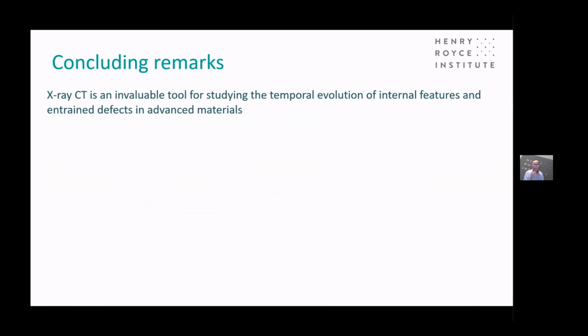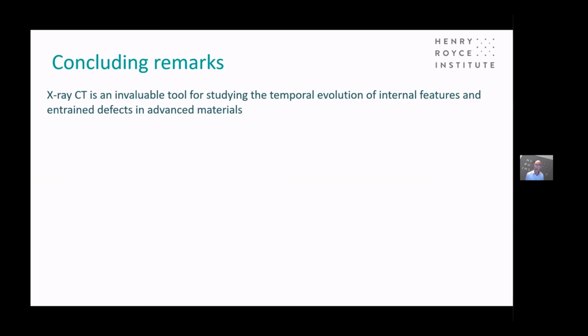X-ray CT is particularly invaluable for 3D imaging because, as a non-destructive technique, it provides us the ability to follow the behavior of materials, either in processing, as we saw with the additive manufacturing, or during life and during failure, as we saw with the composite materials and the fatigue cracking and so forth, and with the corrosion. So it enables us to understand evolution of a single sample and to follow it through life.